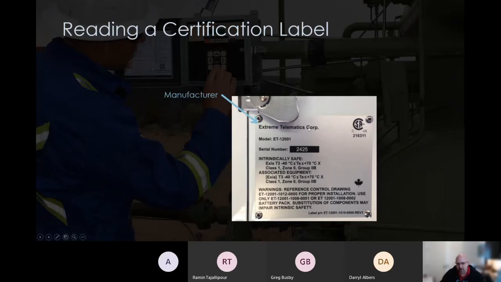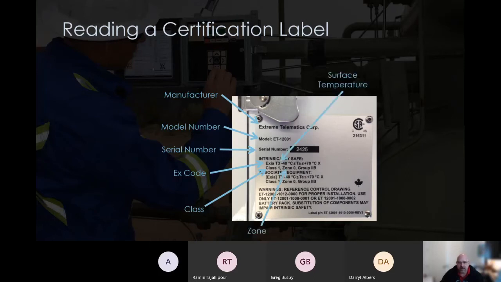So what do we see on here? At the top, we see the manufacturer, a model number, and serial number. These are all requirements of every certification label at a high level. Then you get into the more detailed information that shows you what areas you can put it in. There's an EX code, which we'll talk about, what class it's approved for, and what zone or division it's approved for.